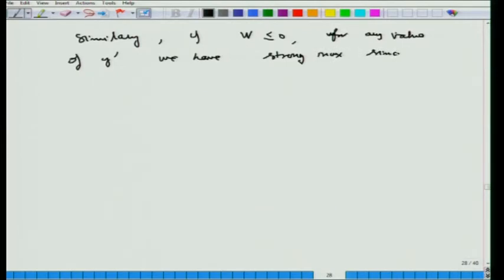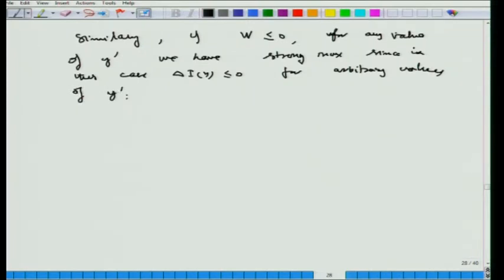since in this case delta I(y) will be negative for arbitrary values of y prime.